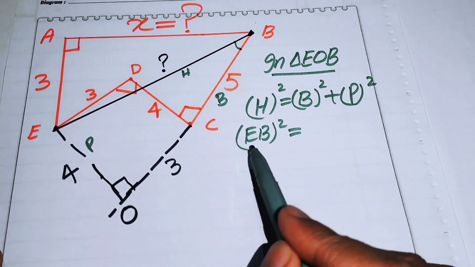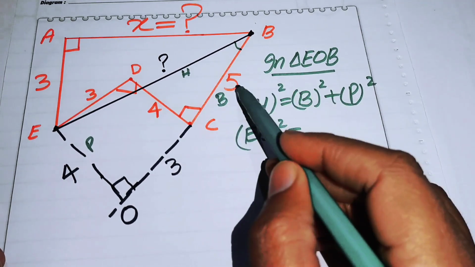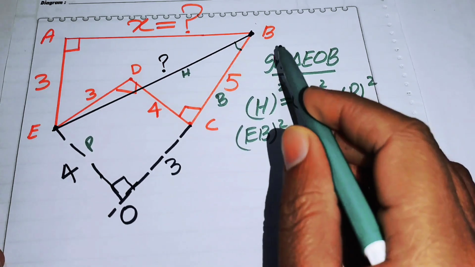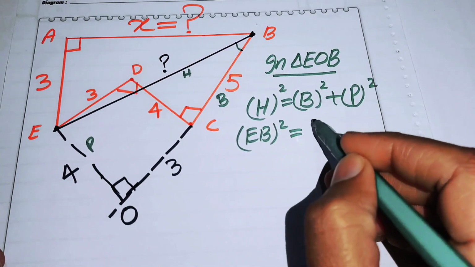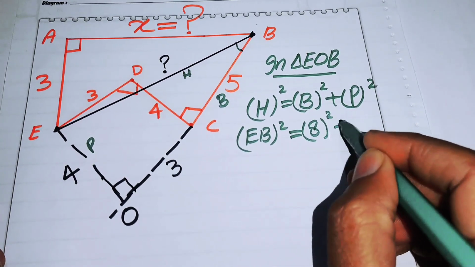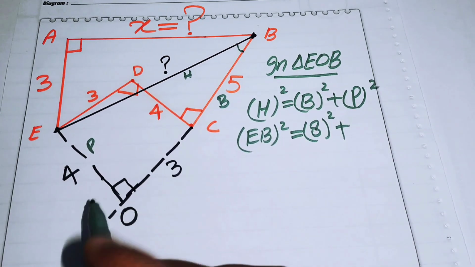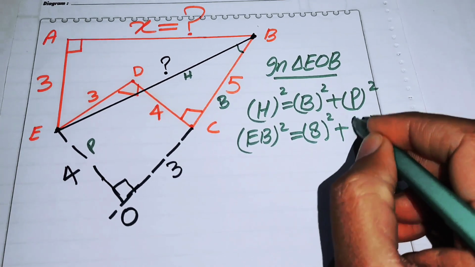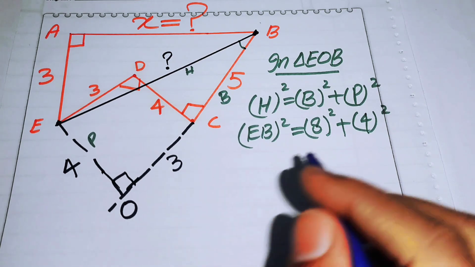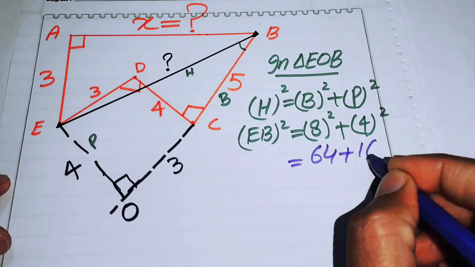Focus on this right triangle. We get EB square equals base square plus perpendicular square. The length of CB is 5 and the length of OC is 3, so the total length OB is 5 plus 3, which is 8. So our base is 8 squared, and the perpendicular EO is 4 squared. Now 8 squared equals 64 and 4 squared is 16.